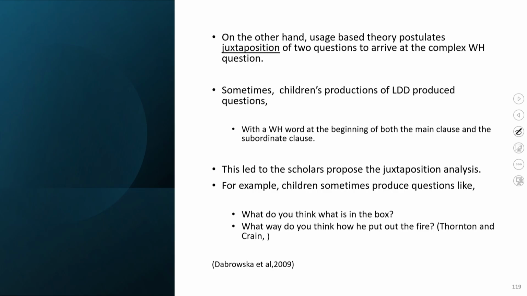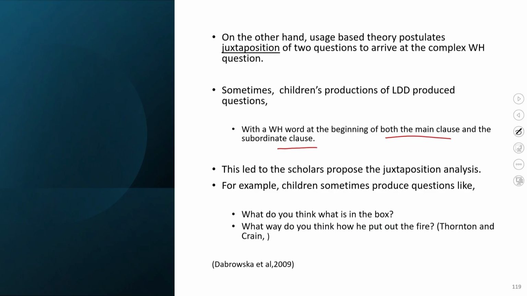They talk about a juxtaposition analysis, as in children are probably using two questions and putting them together one after another. So, that is juxtaposition, because sometimes children's productions of LDD, that is long distance dependency, produce questions with a WH word in the beginning of both the main clause and the subordinate clause.